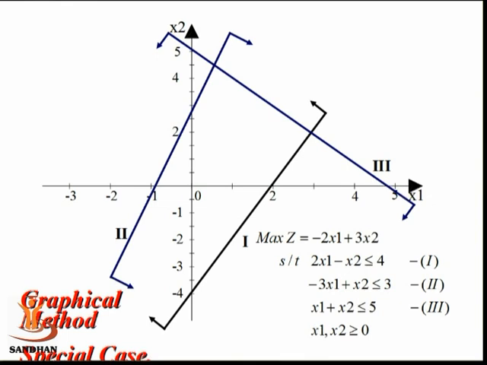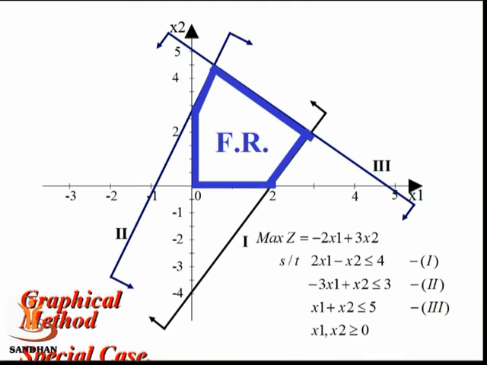Now the non-negativity condition is already there, so let us try to find the feasible region. You can see that this portion is our feasible region and we want to find the optimum value, meaning maximize z. Here our objective function is minus 2x1 plus 3x2.